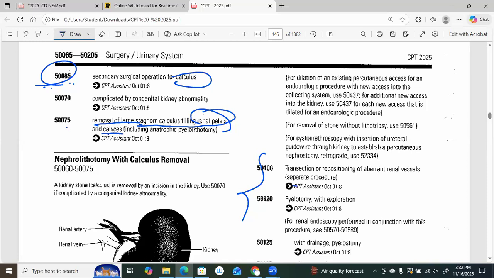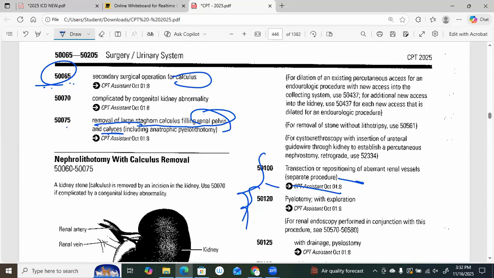This is a separate procedure. Separate procedure means you bill this procedure only if there is no other major procedure performed at the same site at the same time. If there is any other major procedure which we are going to bill at the same time and at the same location, in that case, we bill that major procedure. We are not going to bill 50010.